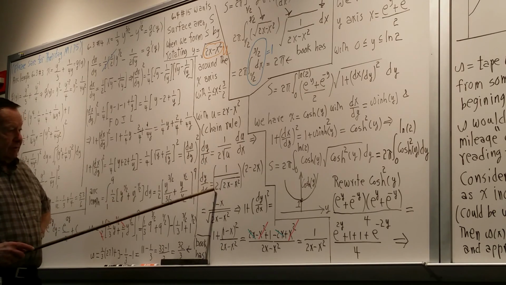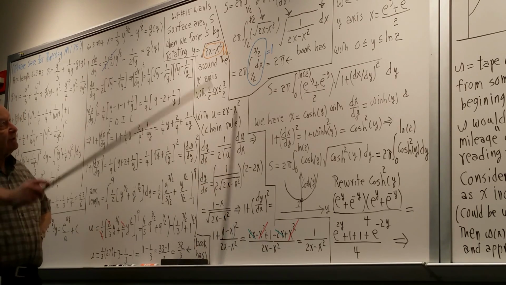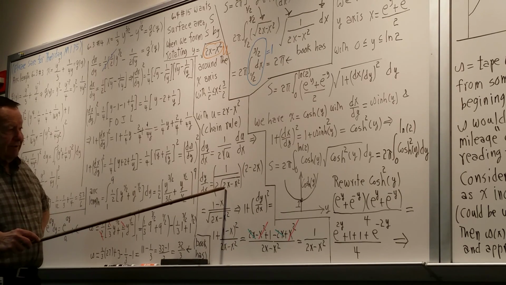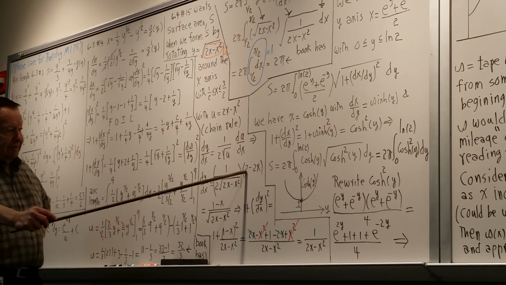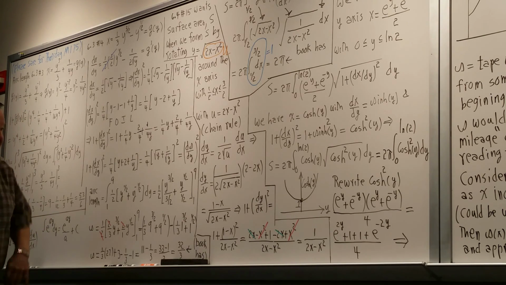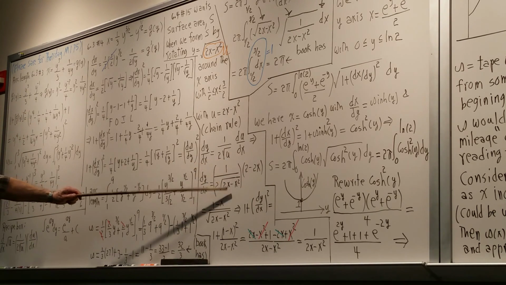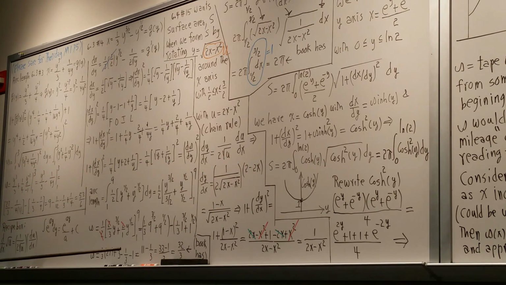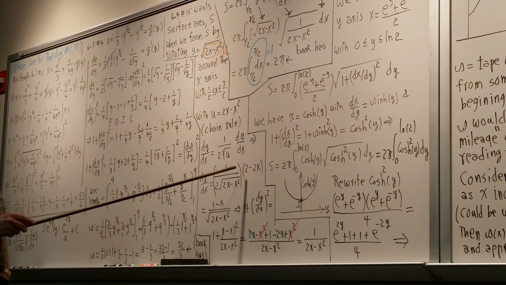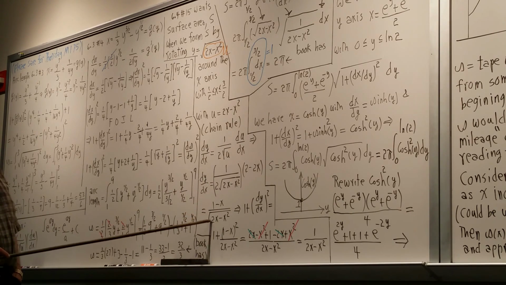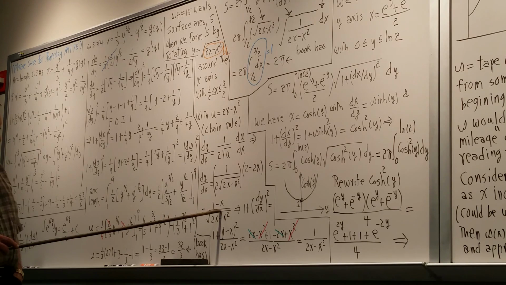So I have 1 over twice square root 2x minus x squared, because that's the curve. And then if you take the derivative of 2x minus x squared, you get 2, and then from here you get minus 2x. And so this is 1 over 2 square root u, and this is du dx. And then you notice the 2 here factors and cancels that 2. So our dy dx is also the same as this.